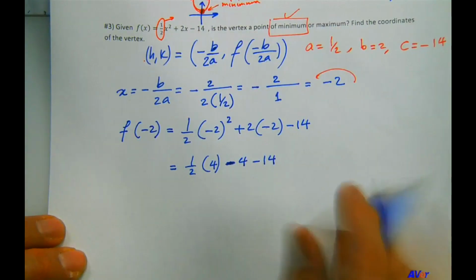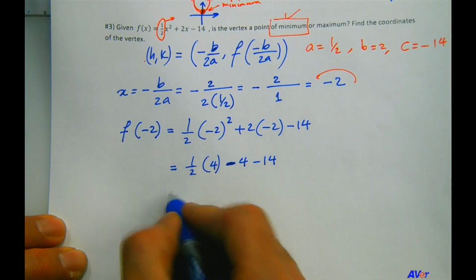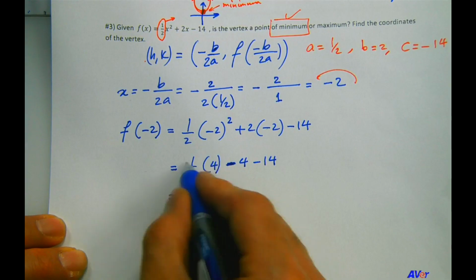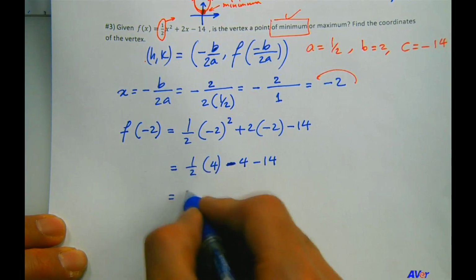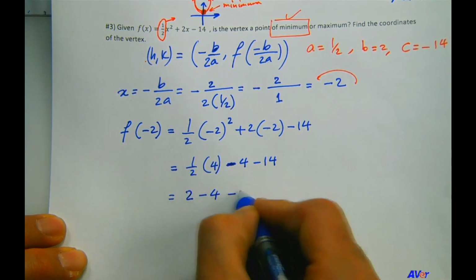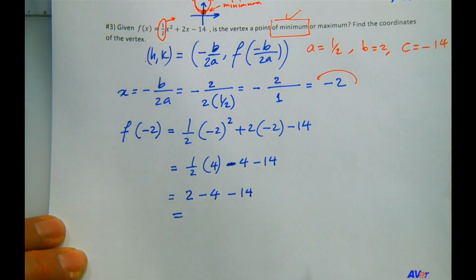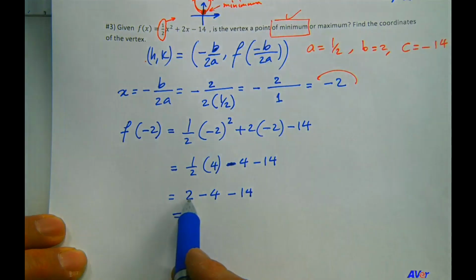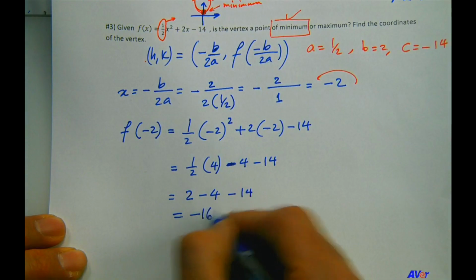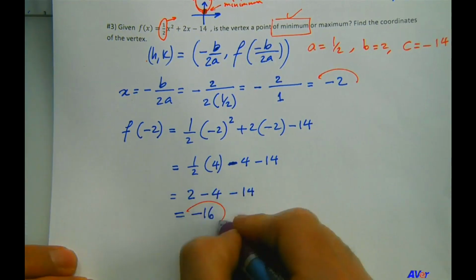Okay? So let's distribute: 4 times 1/2 is 2, minus 4, minus 14. And we end up with, so that's minus 18. Minus 18 plus 2 is minus 16. So this is our y component.